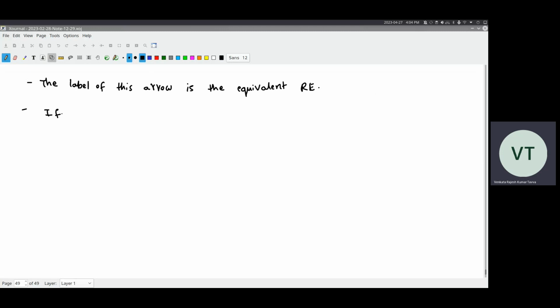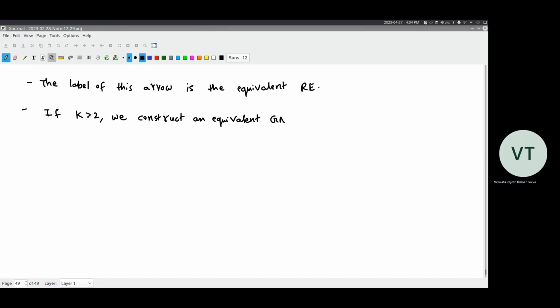If k is greater than 2, we construct an equivalent GNFA with k minus 1 states.